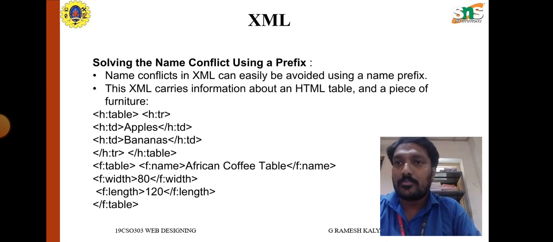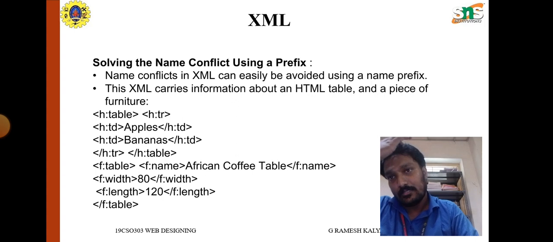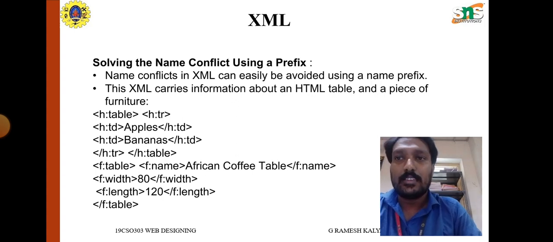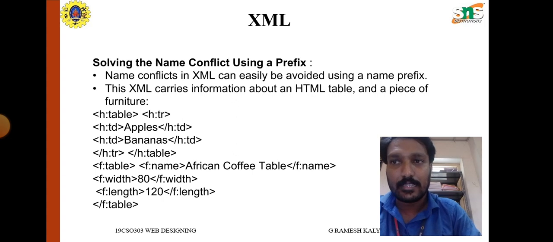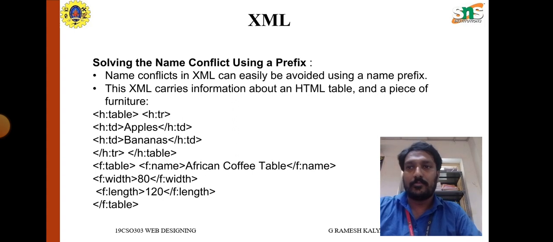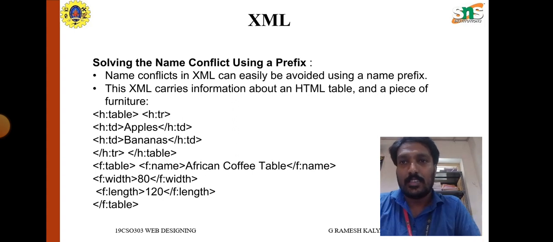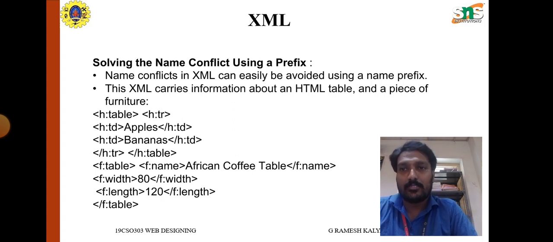To resolve this conflict, we use a method in which a prefix is added to all the elements in both tables, to differentiate each table with a particular prefix. Here we are using two prefixes, namely h for the first table and f for the second table.